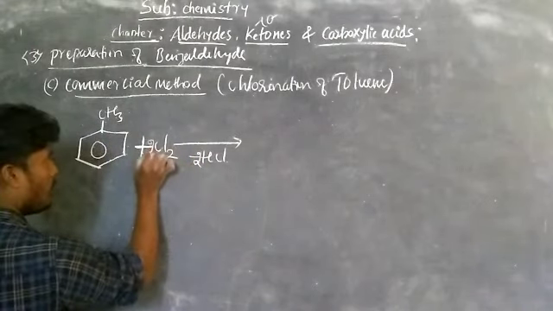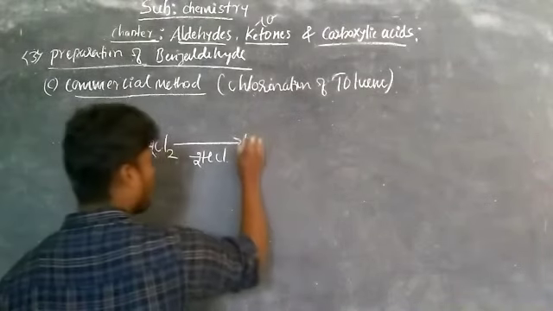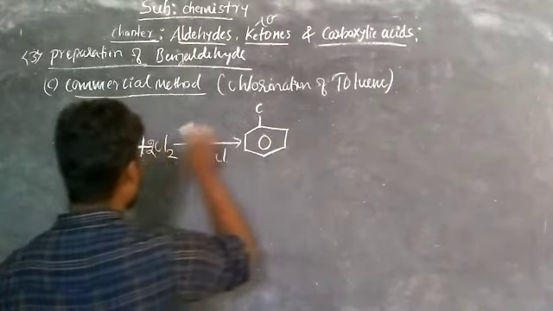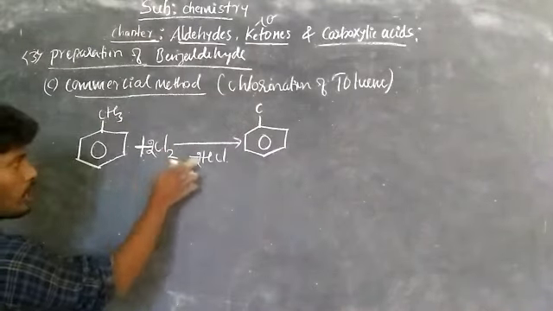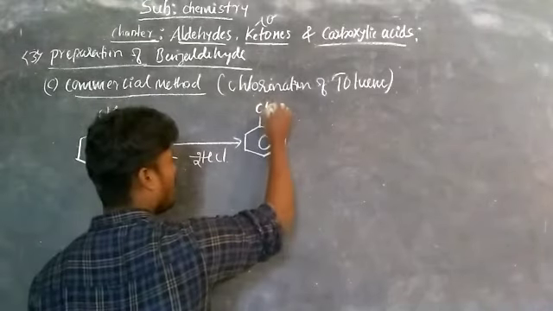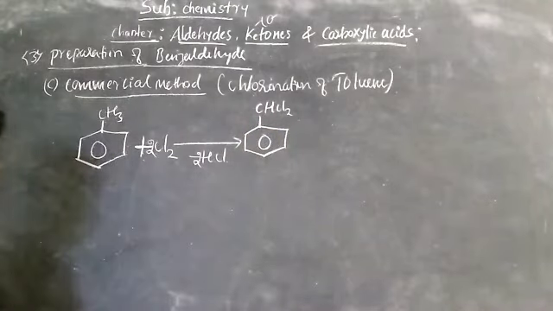Taking 2 equivalents, benzene bonded to C, 2 hydrogens and 2 chlorines are removed as 2 HCl. What remains is CHCl2. So you get this compound.